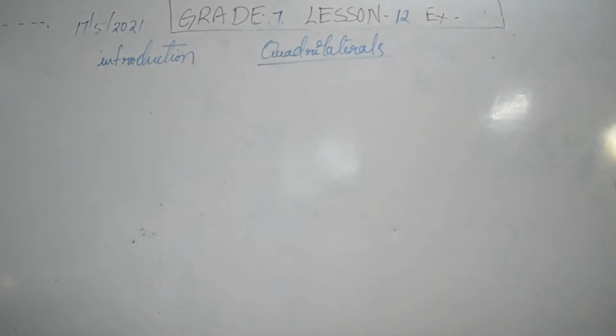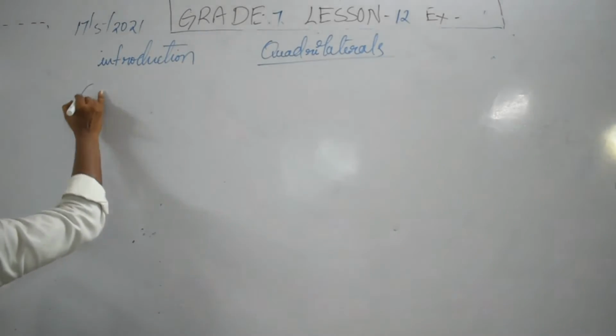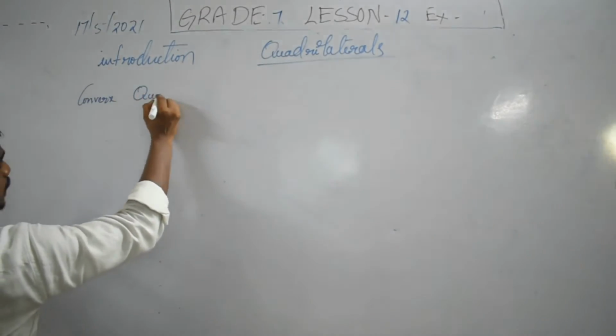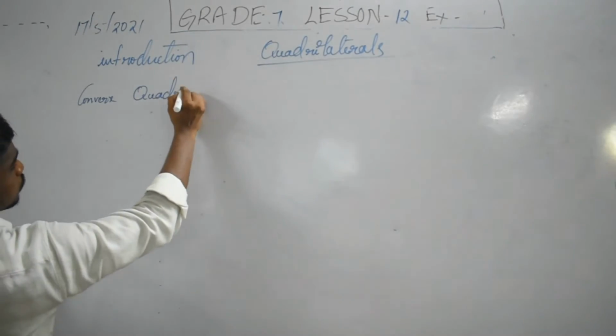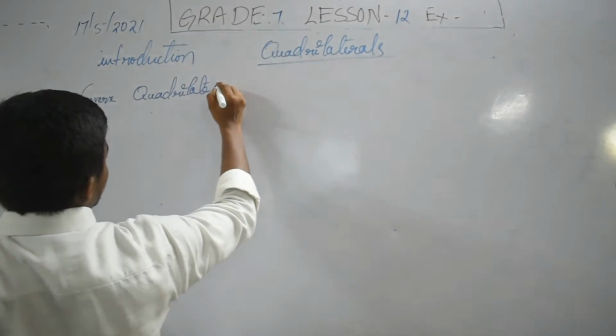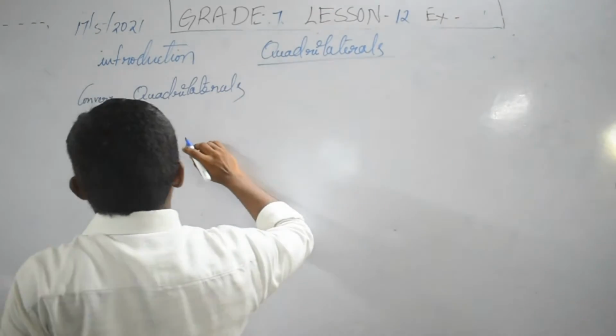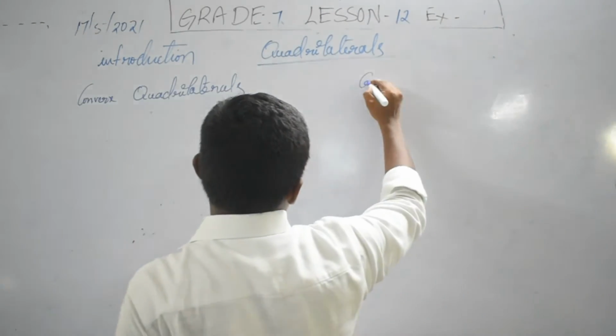Next, interior and exterior points. Next, convex and concave. Convex quadrilaterals. Convex quadrilaterals. Concave quadrilaterals.